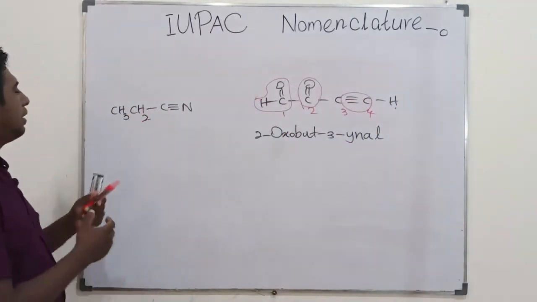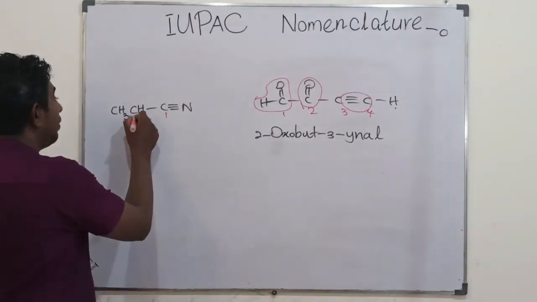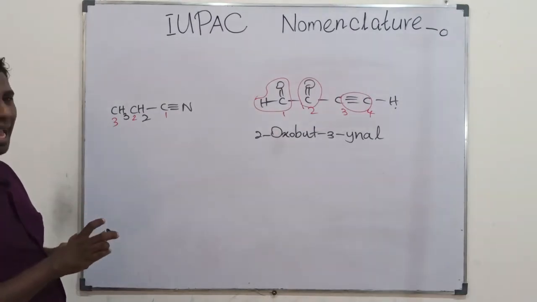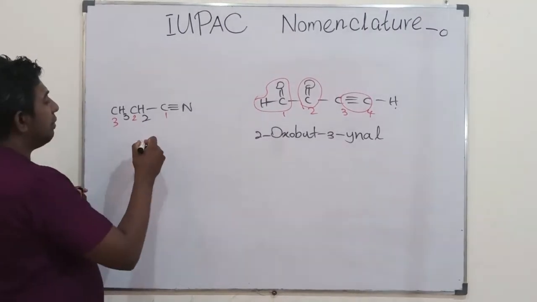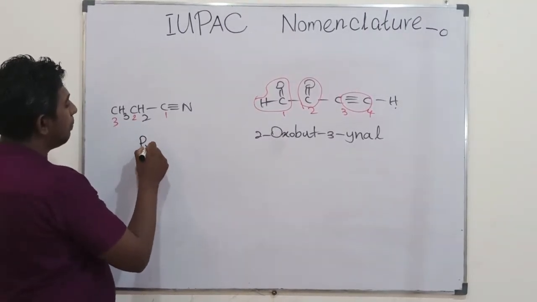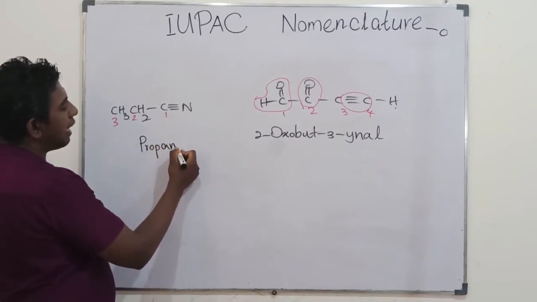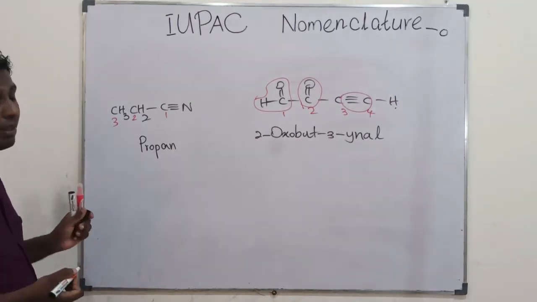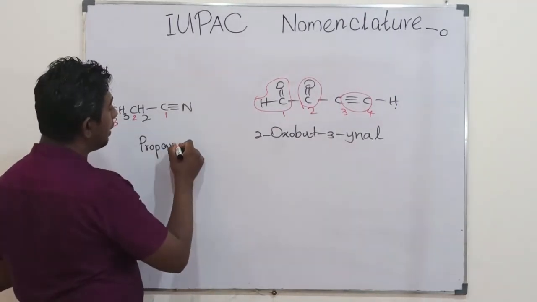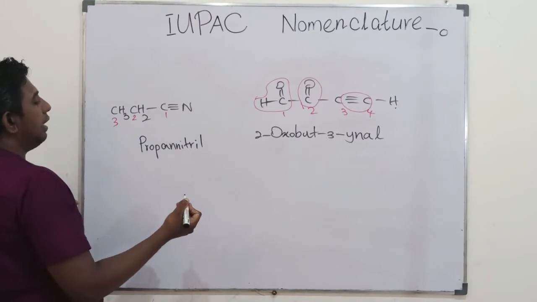We need to number including the carbon of cyanide as 1, 2, 3. So it's an alkane, not alkene or alkyne. With 3 carbon, it's prop. It is propane, a-n-e. So we cut the vowel E and it is on 1, it is 1-nitrile. When it is the main functional group's number 1, we do not mention it, so propanenitrile is the name.